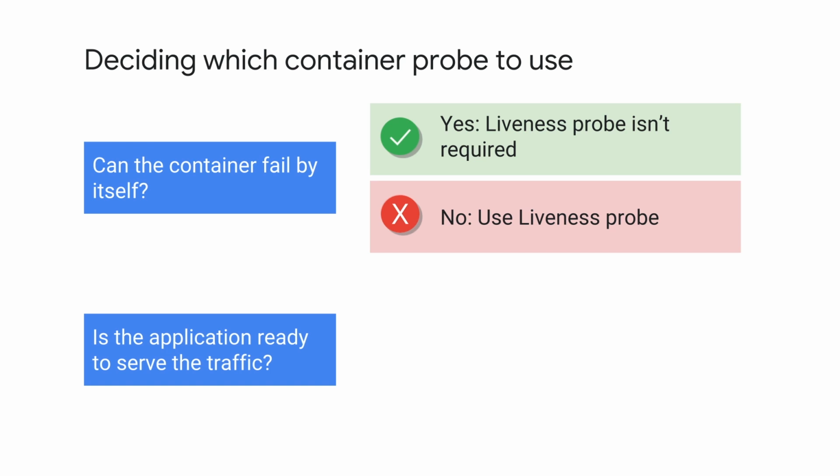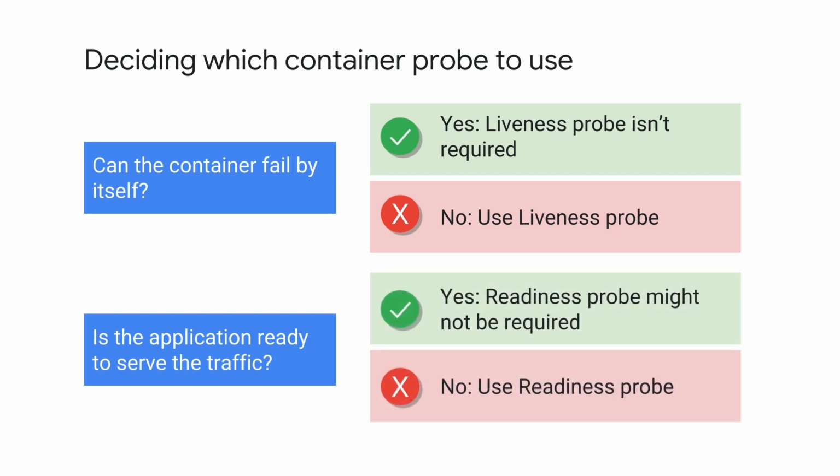The third case where a probe can help is where your container might be running, but your application isn't yet ready to serve the traffic. By default, Kubernetes would send traffic to the container because it's running. Even if you've set up a liveness probe, the liveness probe will simply fail and restart the container.